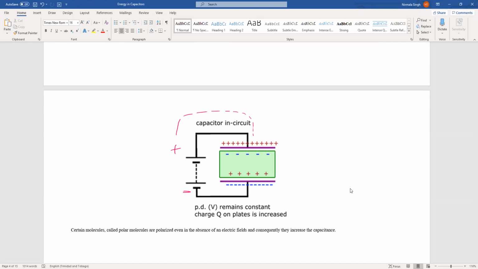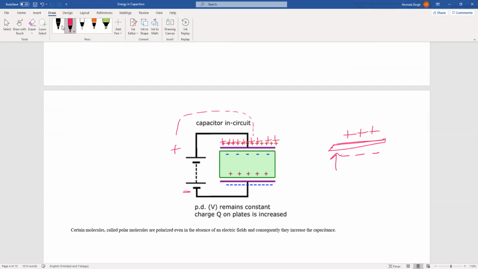You hook up your positive side of your capacitor to the positive side of your battery. And since this becomes the positive side, right? If I have a positive side on my capacitor, my electrons are going to get attracted towards my positive plate in my capacitor. Wouldn't that make sense?